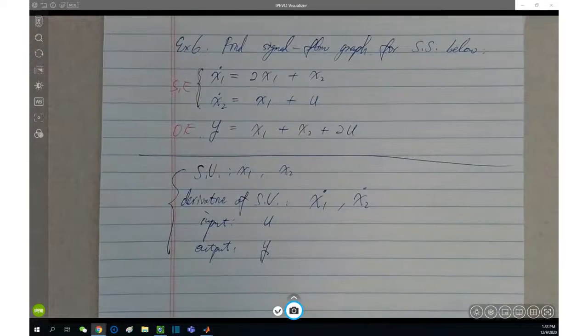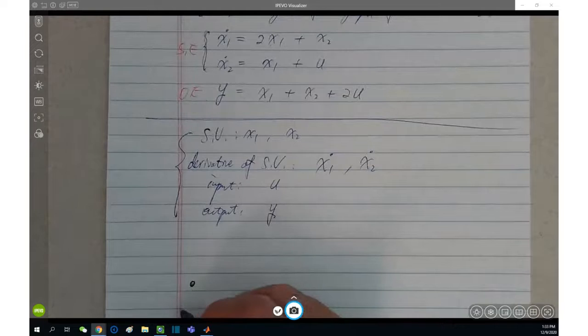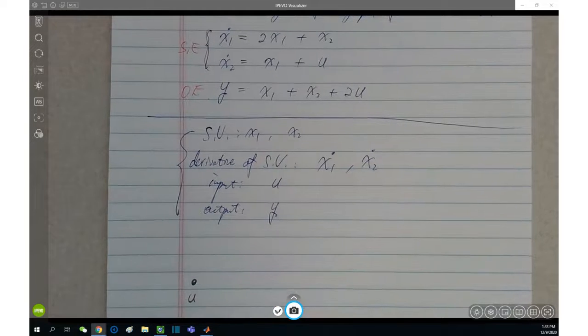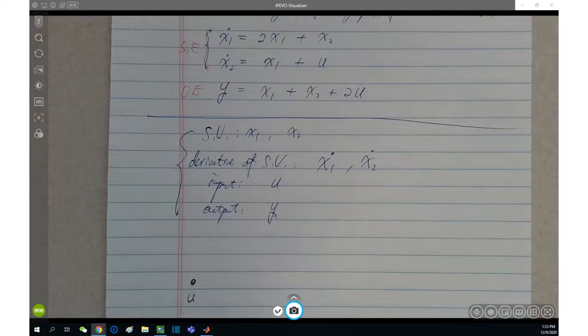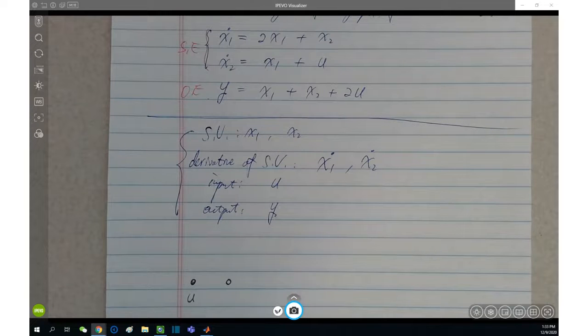How to do it? From left to right, you are placing the input first. We use a node, a kind of circle, to represent the input, and then write input u below it. Moving towards the right, followed by another circle, a node representing what?